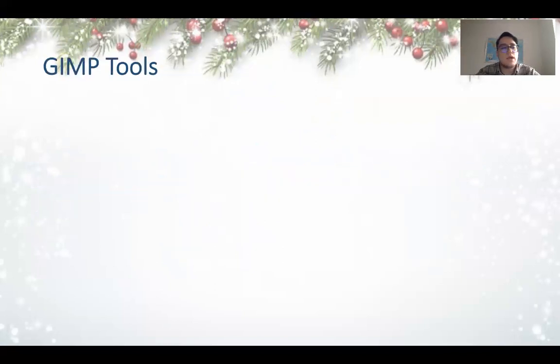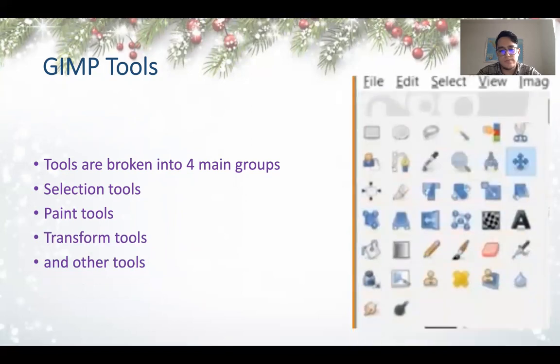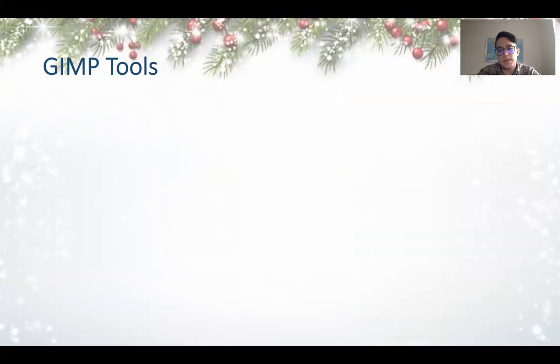Gimp tools. All right, now we want to talk about Gimp tools. Tools are broken into 4 main groups: selection tools, paint tools, transform tools, and other tools. So these are all the basic tools that you might need.